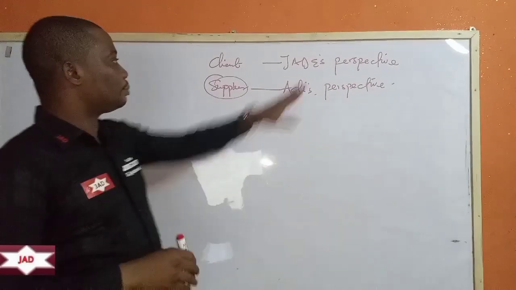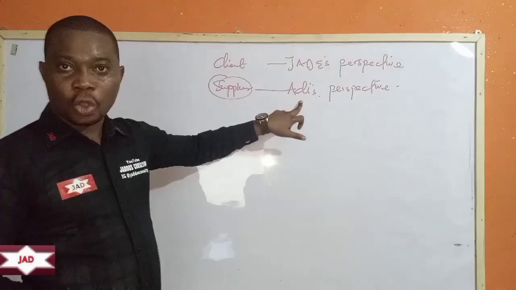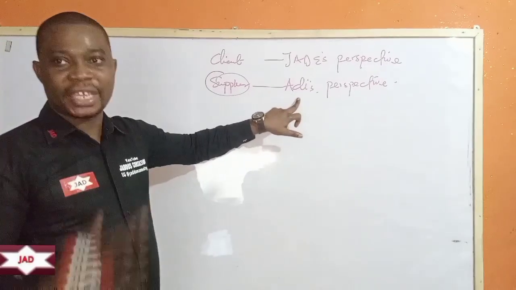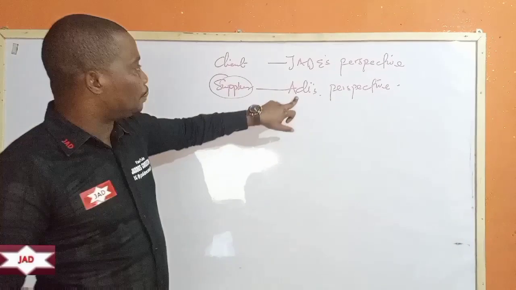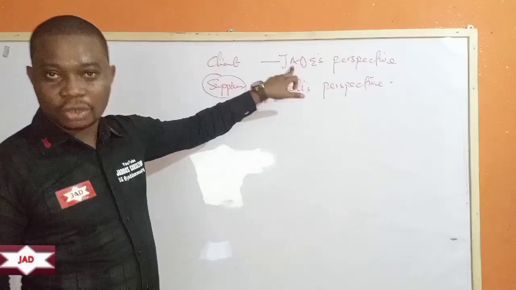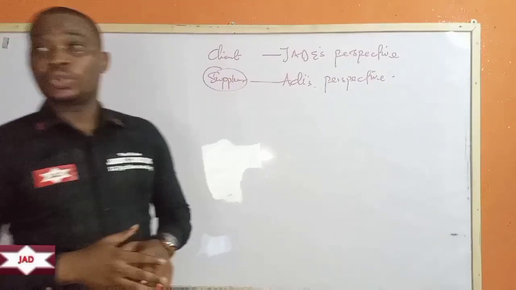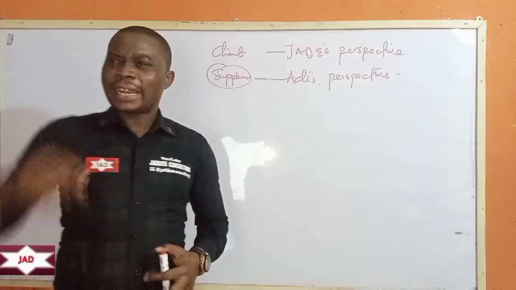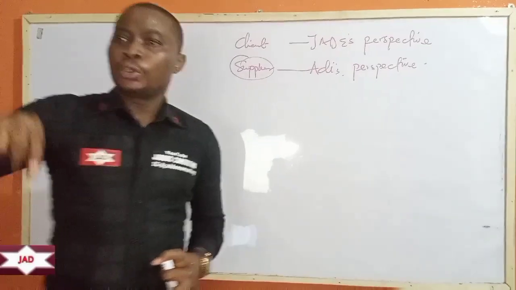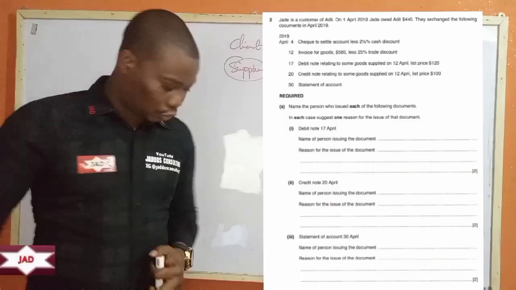So in Jade's book, Adi is a creditor or a supplier or a vendor. In Adi's book, Jade is a client or a customer or a debtor, depending on how the transaction between them goes.